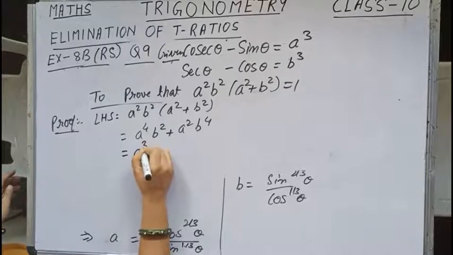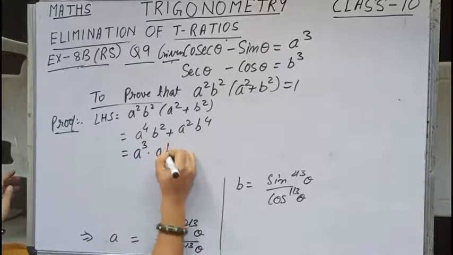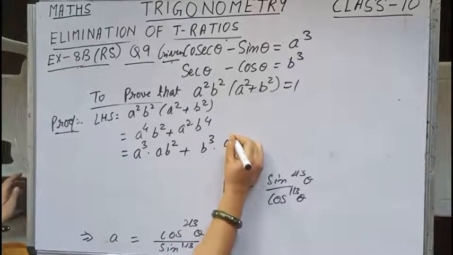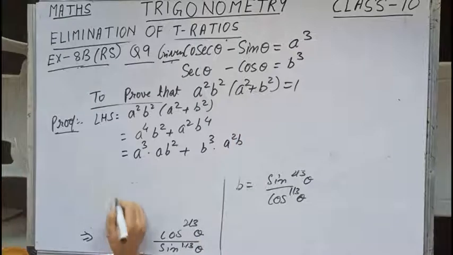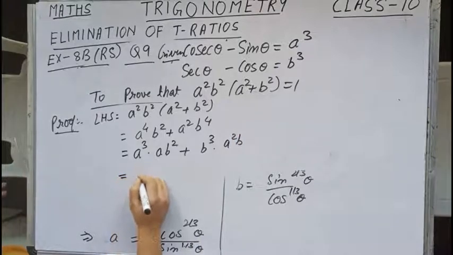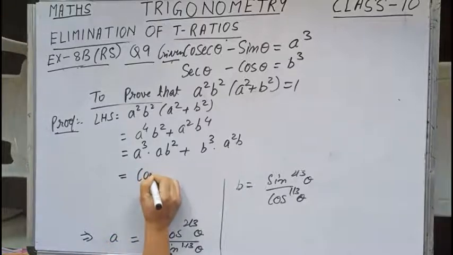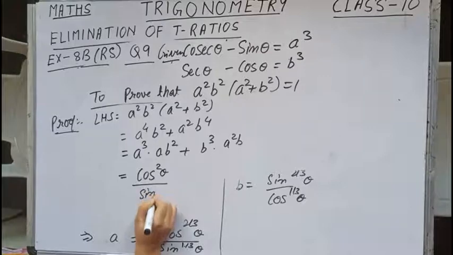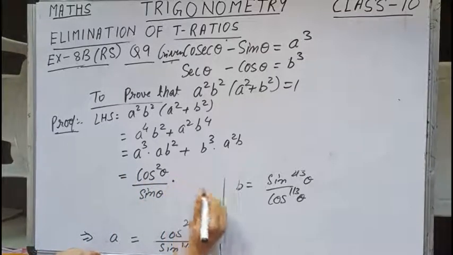This I am writing as a cube into a b square plus b cube into a square b. Now let us put the value. A cube equals, how much it was coming? Cos square theta by sin theta. We have solved earlier.